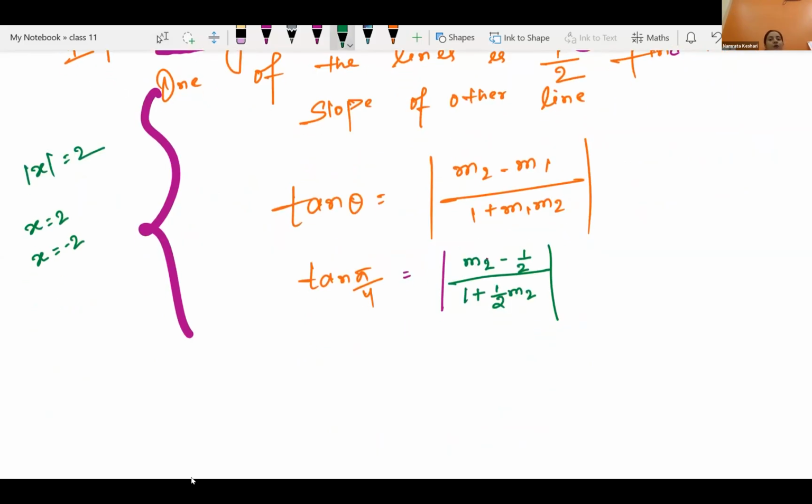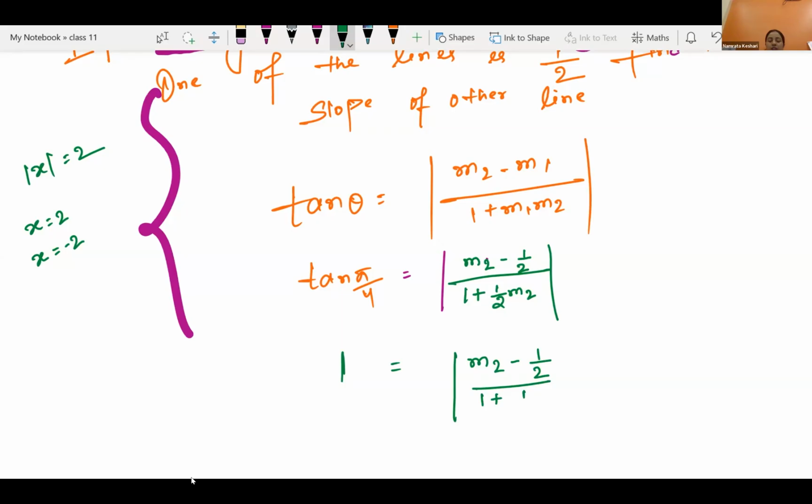What is the value of tan pi by 4? Tan 45 is 1. Is it 1? Yes, ma'am. Modulus of something is 1.